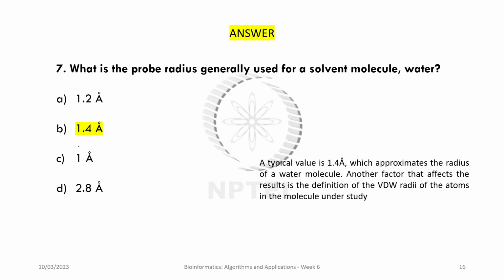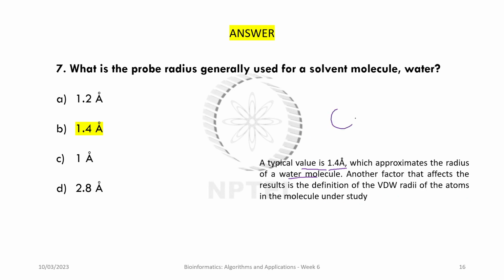So there are several pictures on the internet which you can look at, but I think I just got a text data here. Typically, a value of 1.4 angstrom, which approximates the radius of a water molecule, is taken. Another factor that affects the result is the definition of van der Waals radii of the atoms of the molecule in the study.